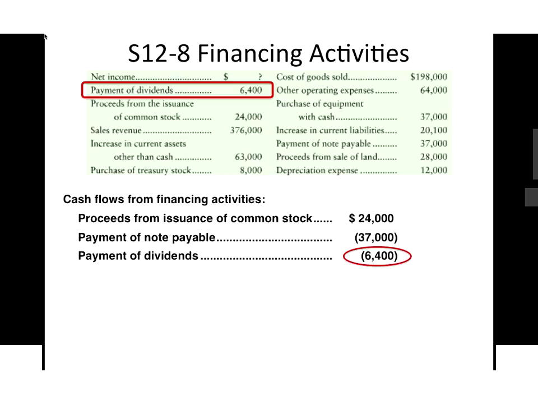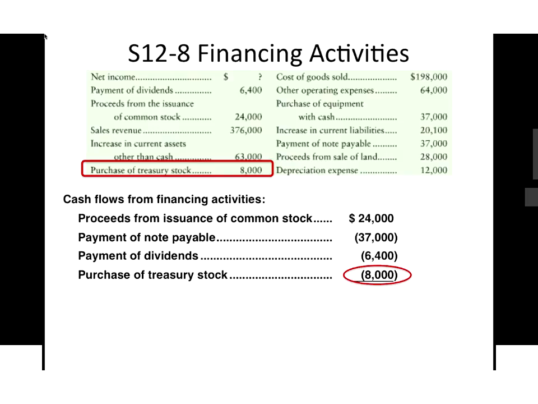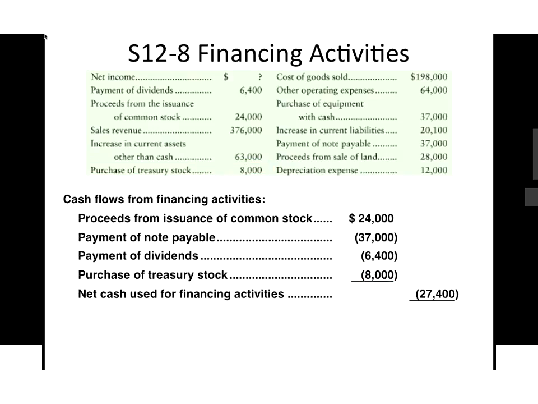If we paid dividends, we're paying cash out, so it's a negative. Purchase of treasury stock, we're buying our own stock back, so it would be $8,000 going out. So in the end, we're going to add up those items and we end up with net cash used for financing activities.